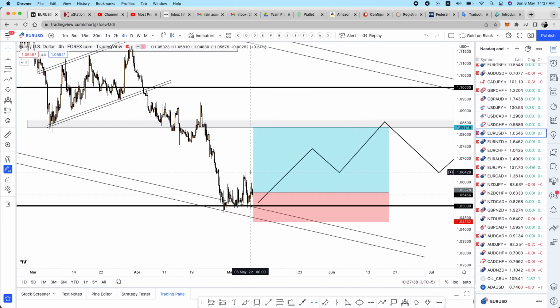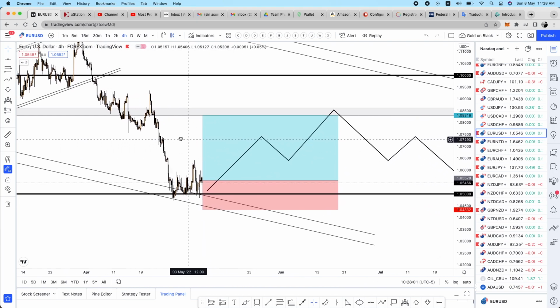Because pairs, of course, move differently, I would say a little bit slower than indices, maybe you find a trigger here, or find your entry point, or you just want to go on a buy aggressively just because you are at a psychological level. It's a riskier thing to do, but you can do it. Like, why not?